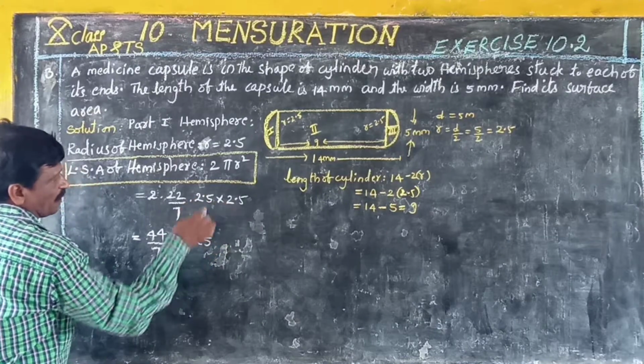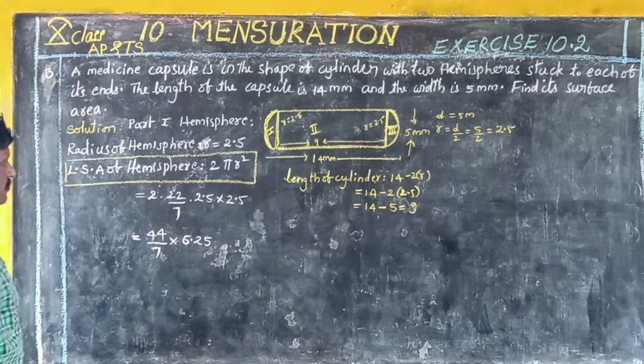Two digits after the decimal. This is the answer for part 1.